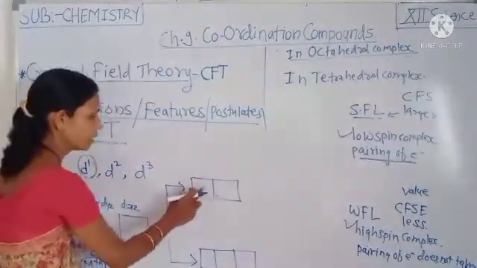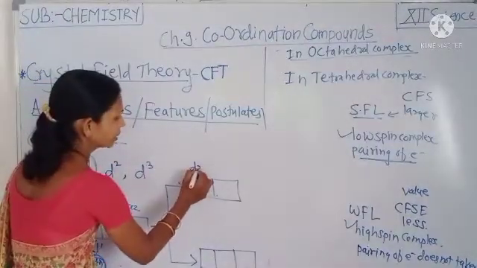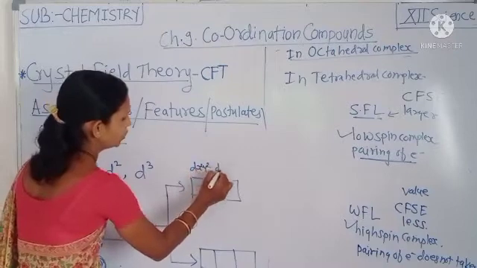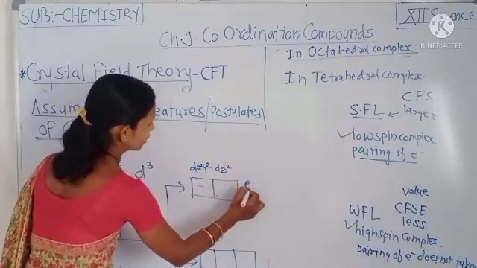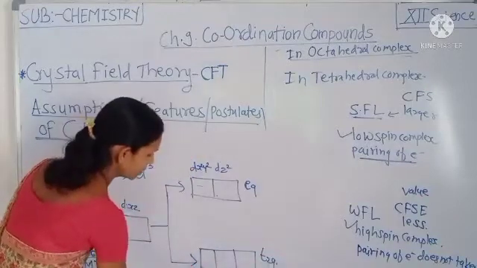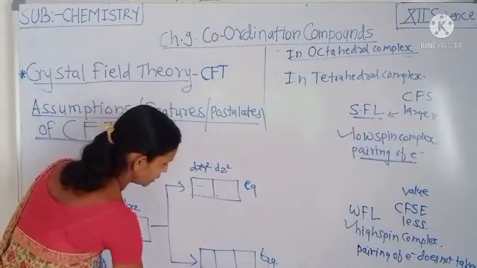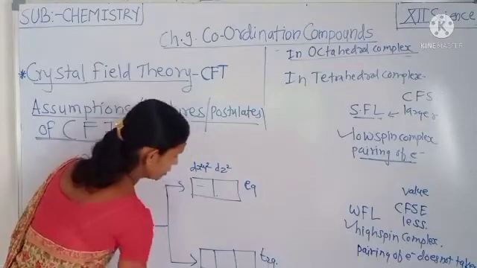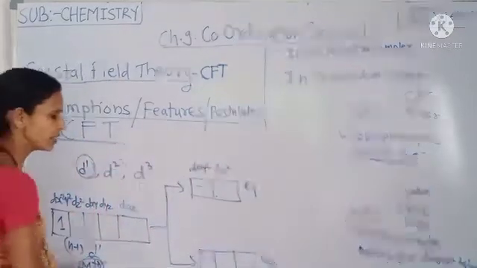Here the EG set is dx2-y2 and dz2, and the T2G set is dxy, dyz and dxz. Here only one electron is there.